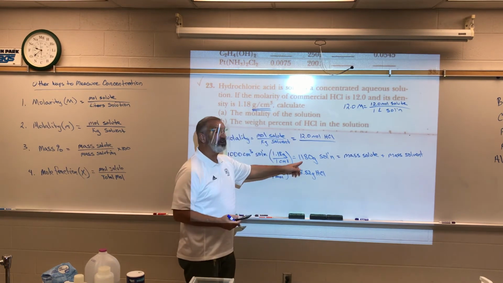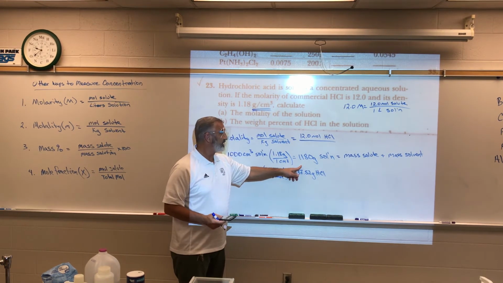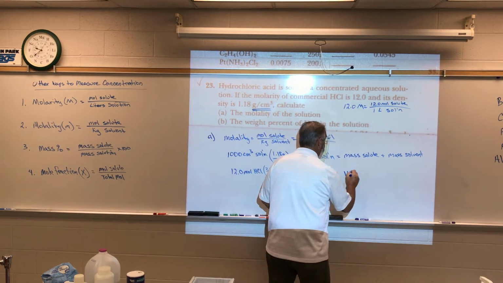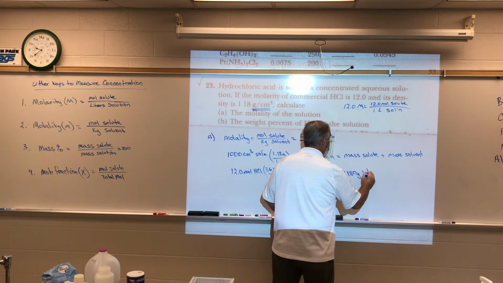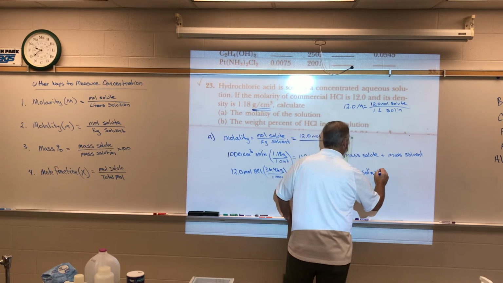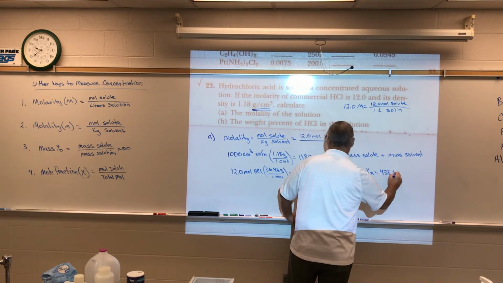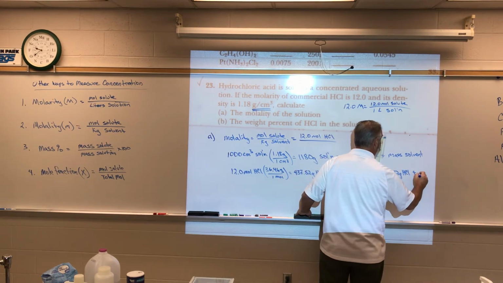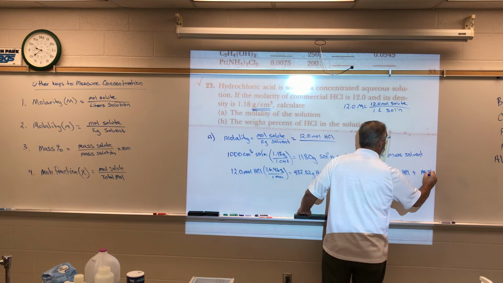So I have 1,180 grams of solution, which is going to equal 437.52 grams of HCl, the solute, plus the mass of the solvent.